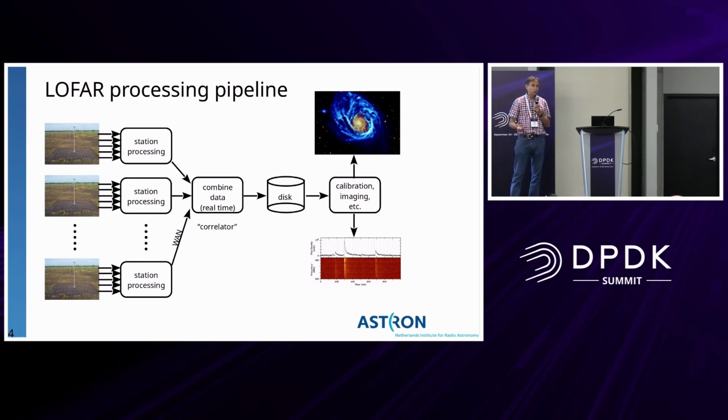Then after the observation, we try to detect bad data, for example due to interference, and throw it away, and calibrate the data for ionospheric and basically all kinds of effects, create sky images from them, or create pulsar profiles if you want to observe a pulsar.